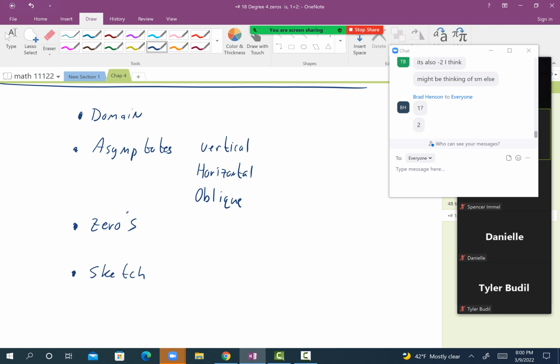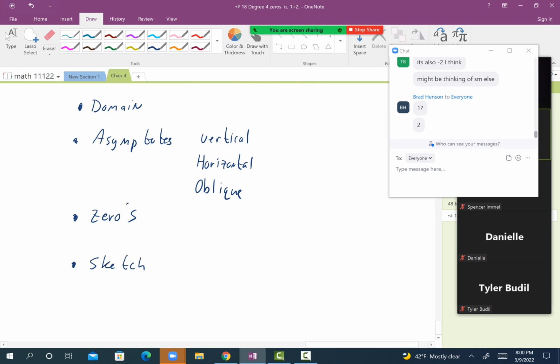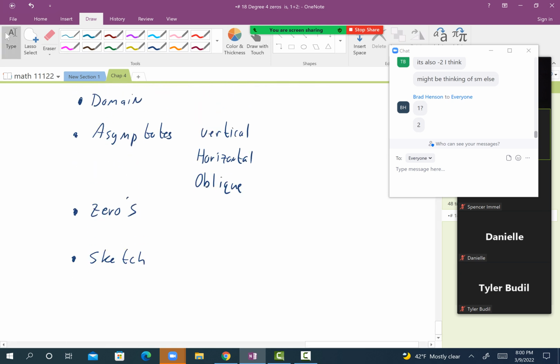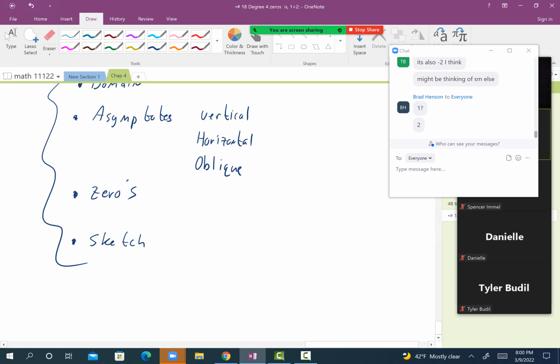No. If you get stuck, use it. These are the things I'm going to look for: domain, asymptotes, zeros, and you can give me a sketch. But you can put it in decimals and sketch it, so it's not that crucial that we really do that part. So let's pick some out and go through this.